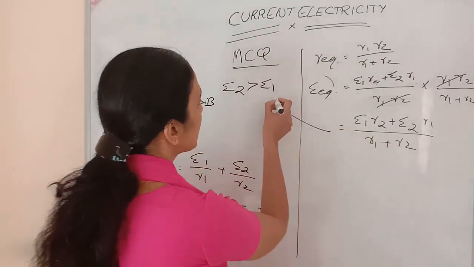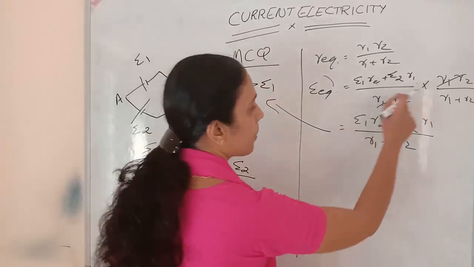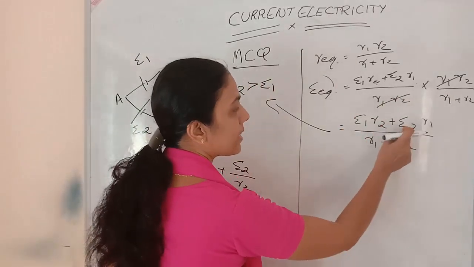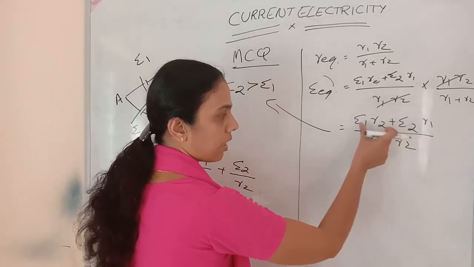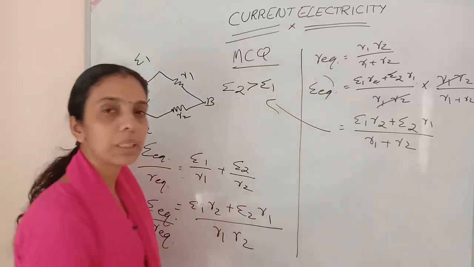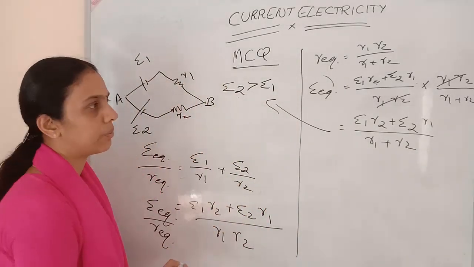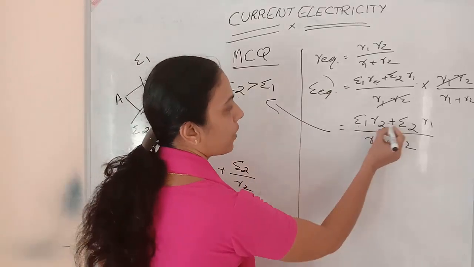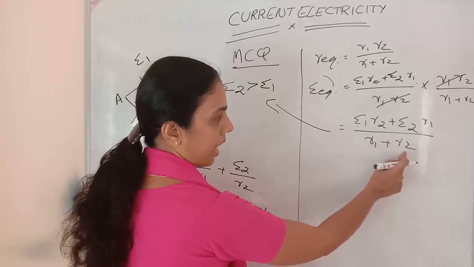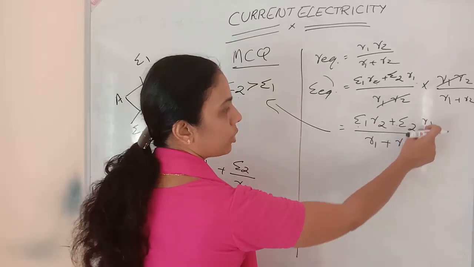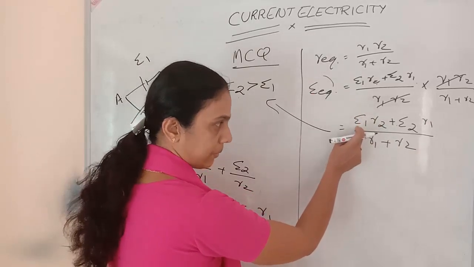In the question E2 is greater than E1, so this is a bigger value plus a smaller value, divided by R1 plus R2. Since E2 is greater than E1, E equivalent will always be greater than E1.